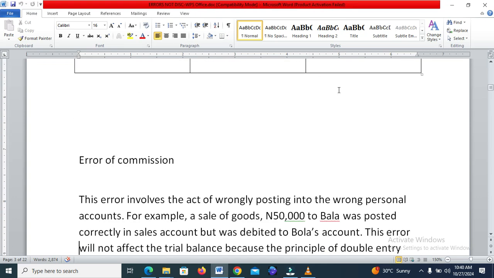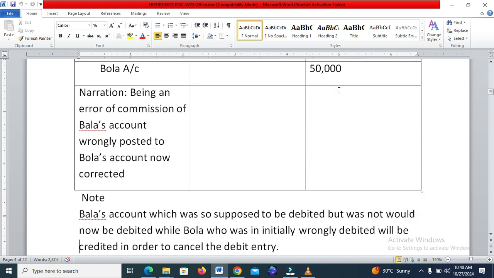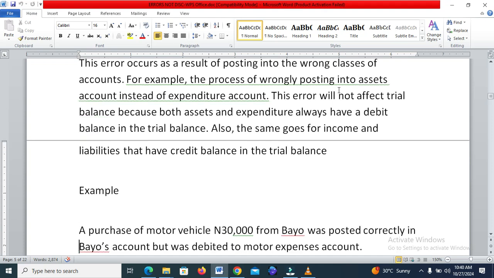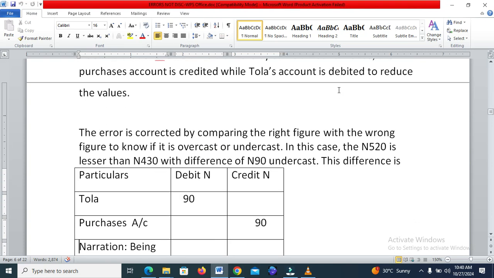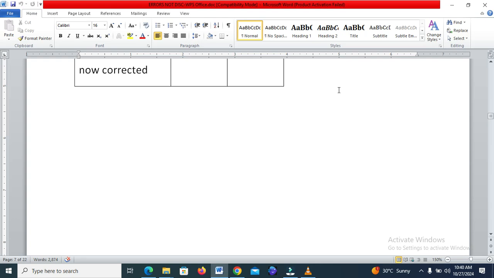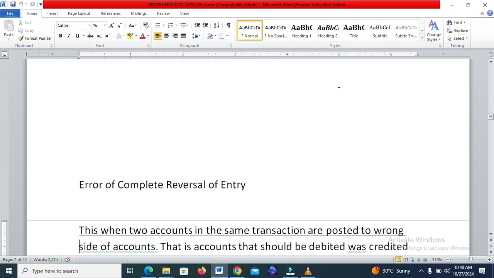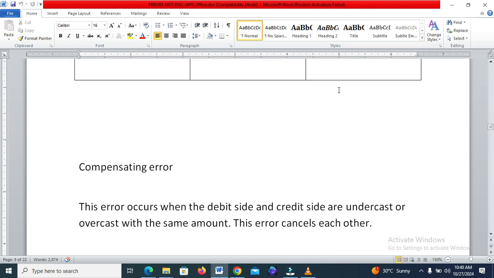Now, there is one error that I did not include in the last class, and that is error of duplication. When we say duplication, it means you are repeating something that you have done before.